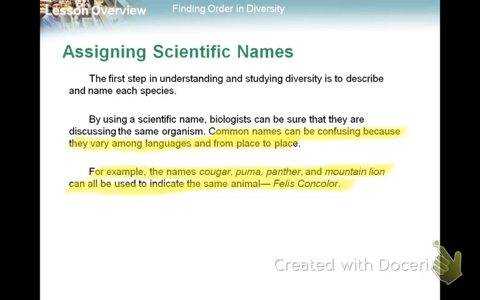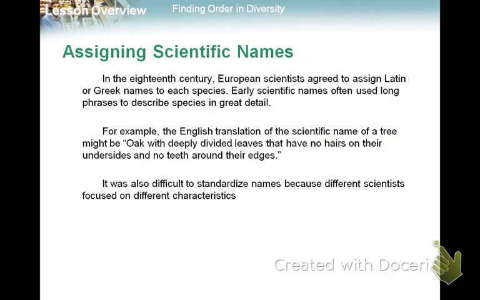So scientists strove to have a standardized system of names, started with Latin and Greek, and they still kind of stem from Latin and Greek today. An English translation of a scientific name would be long phrases that describe a species in great detail, like oak with deeply divided leaves that have no hairs on their undersides and no teeth around their edges.